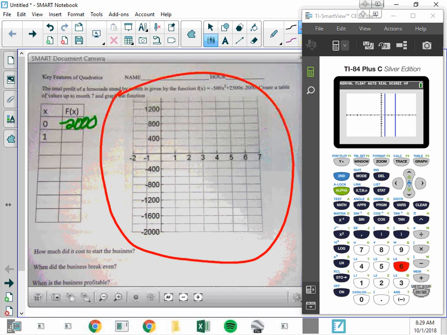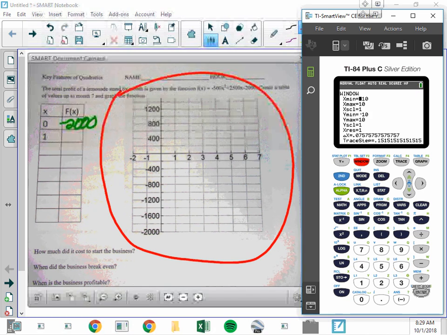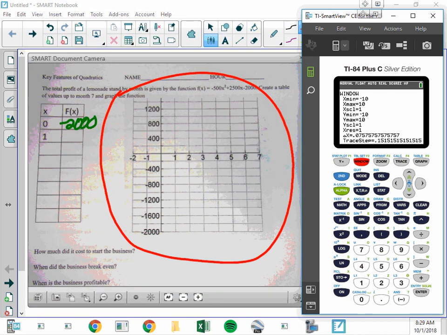So everybody push window, which is right next to y equals. What should I choose for my x minimum and my x maximum? Well, what are my x minimum and x maximum on the graph? From negative 2 to 7. And then what does scale mean?